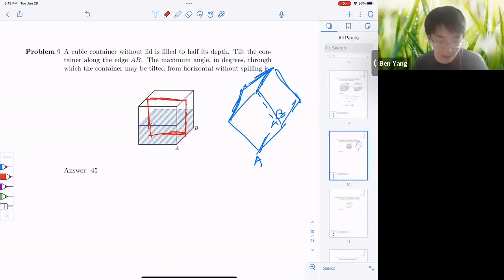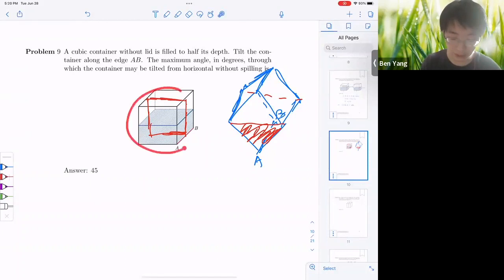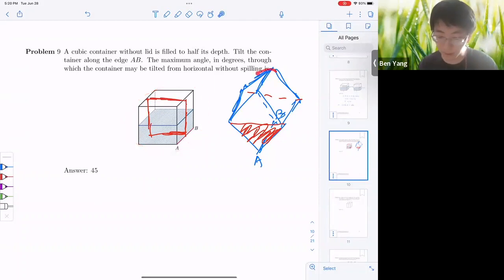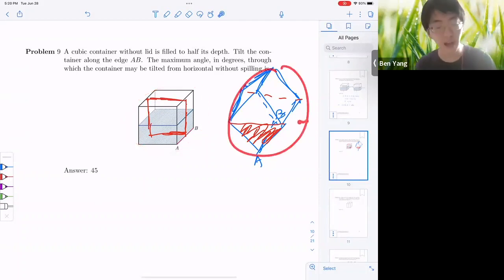And after we tilt it, the best we can do is the 45-degree angle, because now if we look at the cross section, the water is right here. And the volume matches, right? If you compute the volume here, that's half of the cube. And if you also compute the volume here, it's also half of the cube.